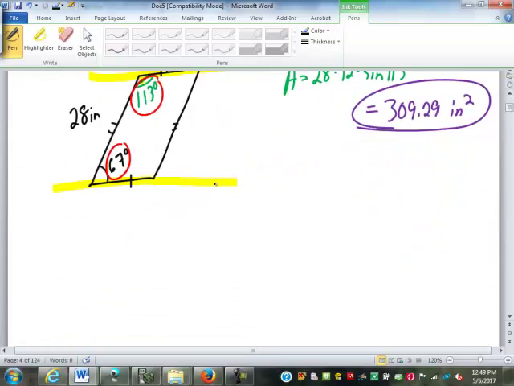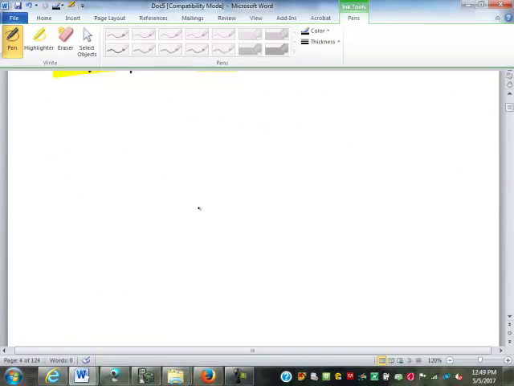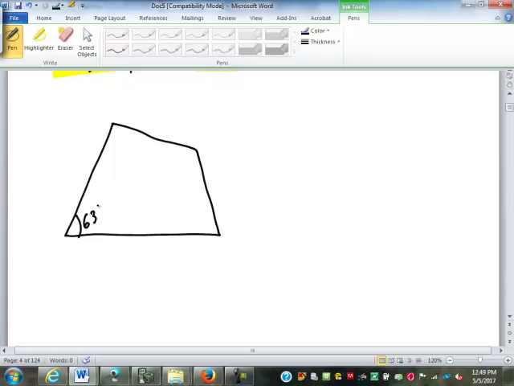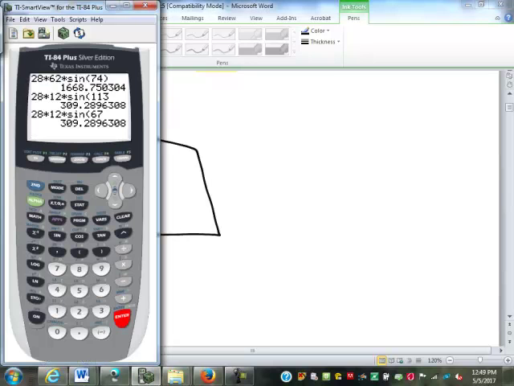Well, let's explore something maybe a touch more complex. If I give it that 63 degrees, this is 50 feet, and this over here is 30 feet. I'm just going to double check something here quick.